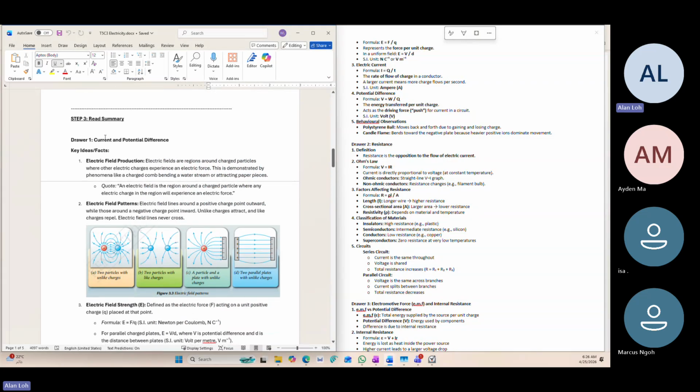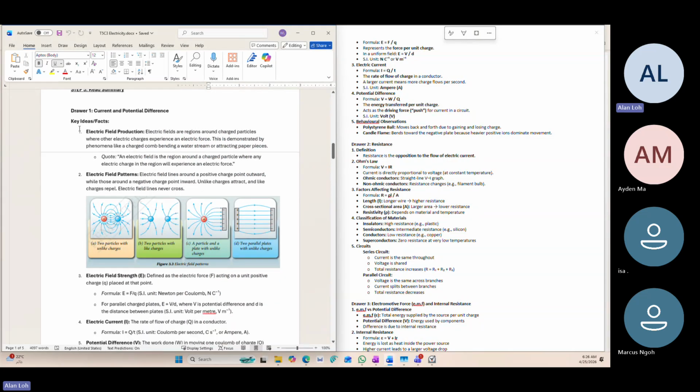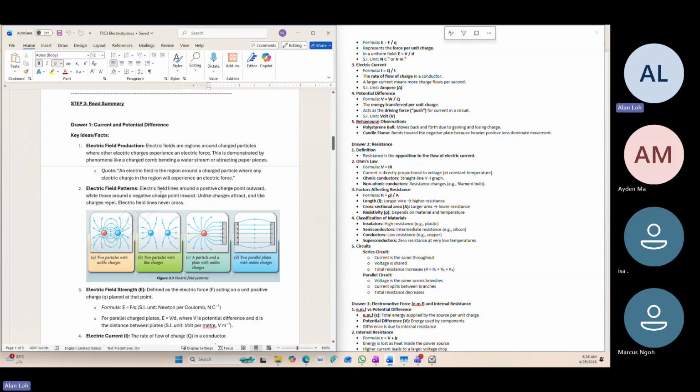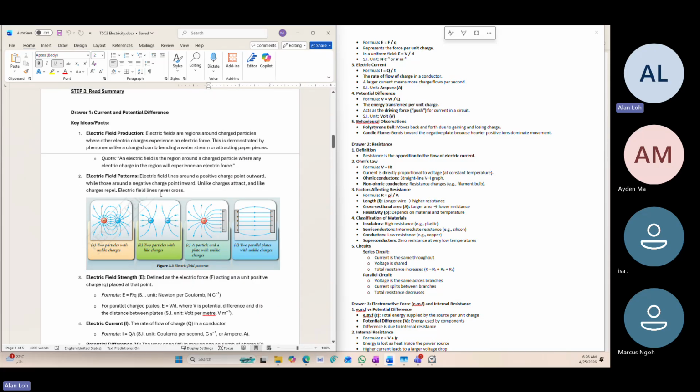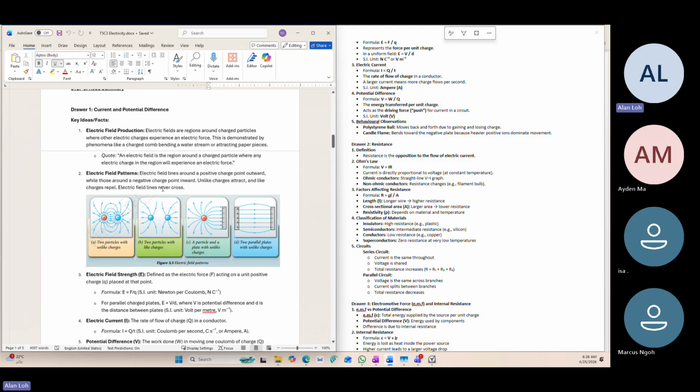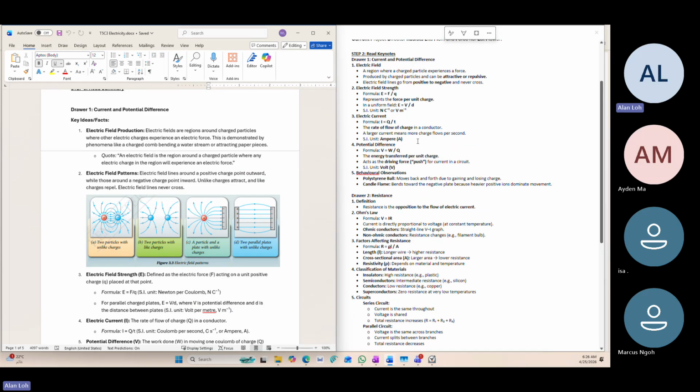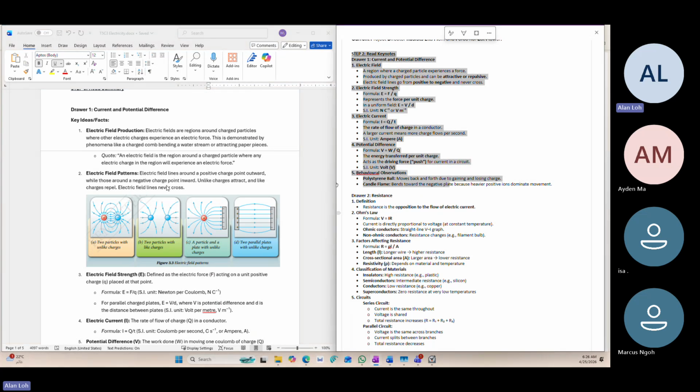So now we are in step 3, reading the summary. How do you read the summary? Bear in mind that it also has the sequence of the drawers. You're going to read drawer 1, 2, and until 4. And also bear in mind, let's see this. This is the reference. On the right side is the reference, the keynotes. There are 5 key points.